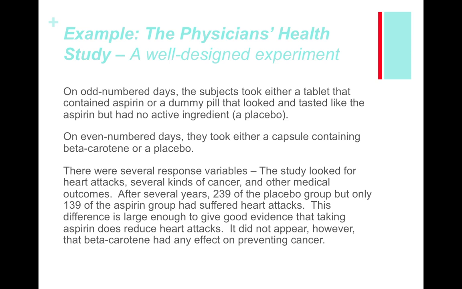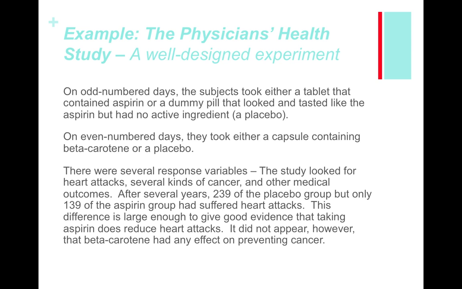This is going to be called a placebo, but we'll get more into that later in our videos. On even numbered days, they took either a capsule containing beta-carotene or a placebo. There were several response variables. The study looked for heart attacks, several kinds of cancers, and other medical outcomes.